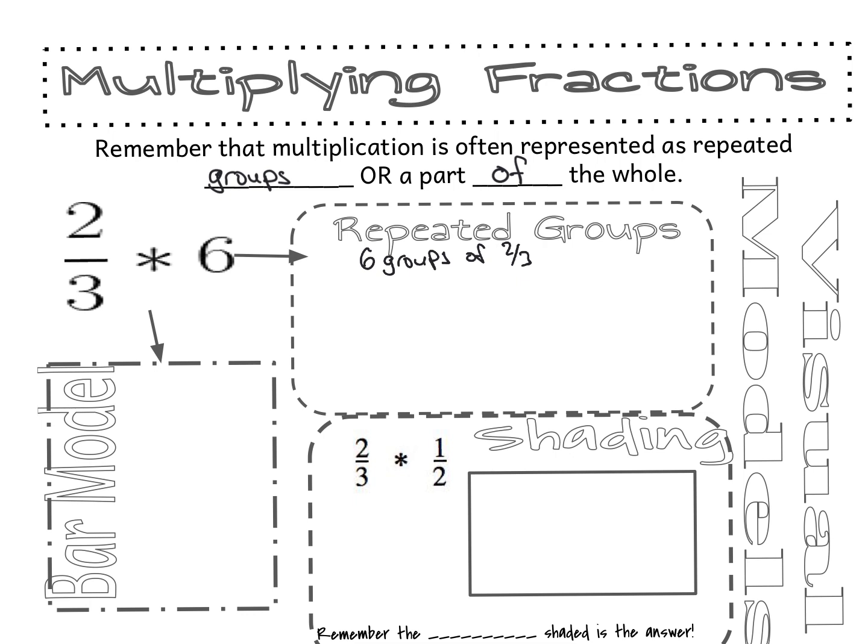As we're looking through this, I'm going to make 6 groups. So I'm going to make 6 circles. And each of those circles is going to be split into thirds, since thirds is our denominator. And that tells us how many pieces we have. And then I'm just going to go ahead and shade in 2/3 of each of my circles.